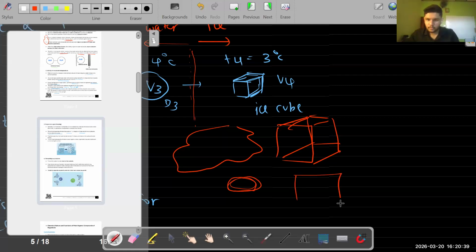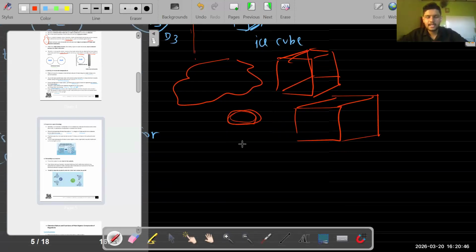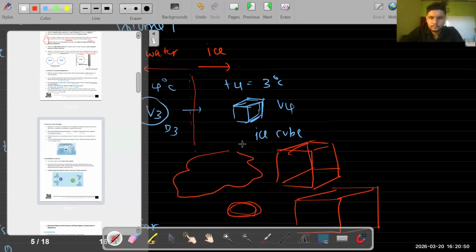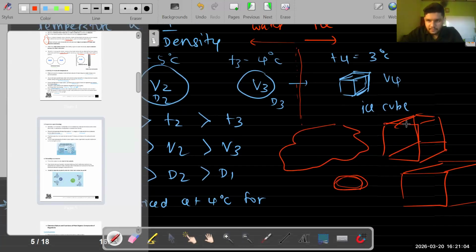Water, ice cube, it looks like this. What has the highest volume? Ice or liquid water? Ice.